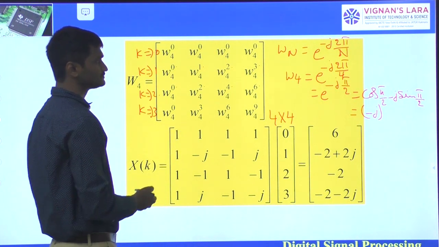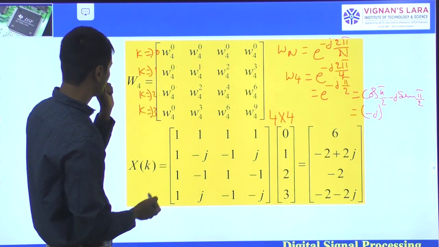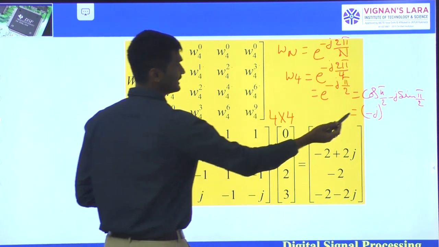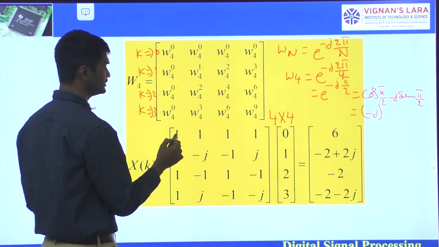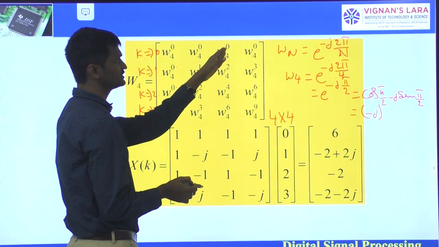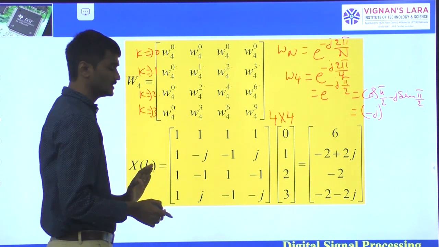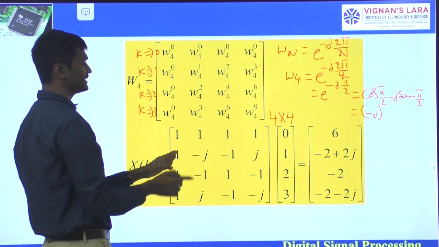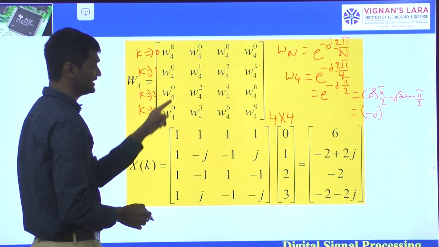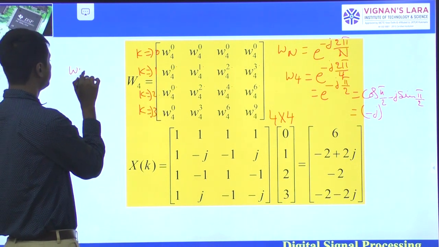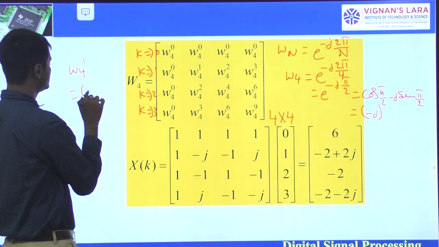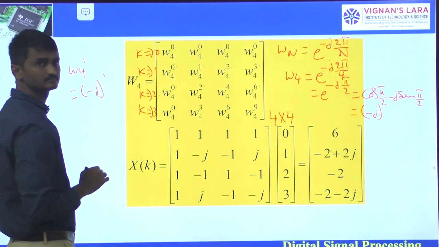So for these values, see, omega 4 power 0, that is minus j power 0, minus j power 0, it is 1. Similarly, minus j power 0, minus j power 0, minus j power 0, all ones. Next, omega 4 power 0, that is minus j power 0. Next, omega 4 power 1, that is minus j power 1.